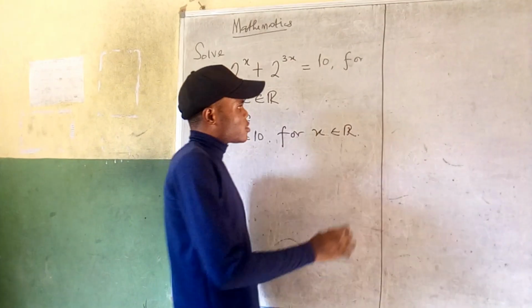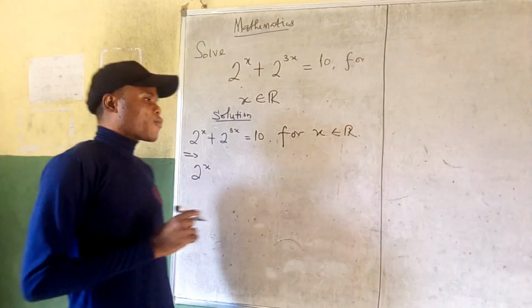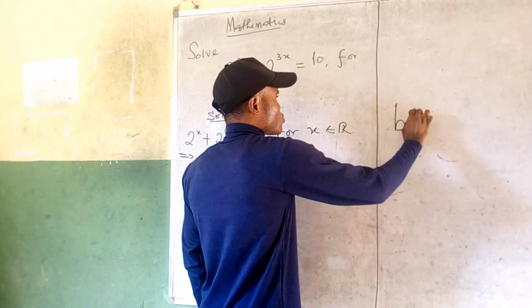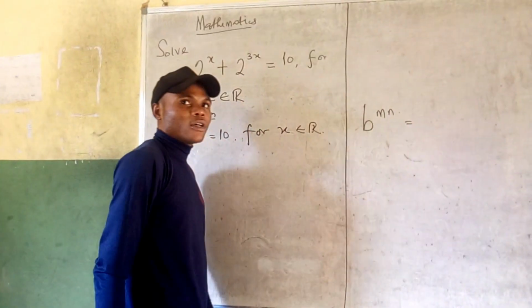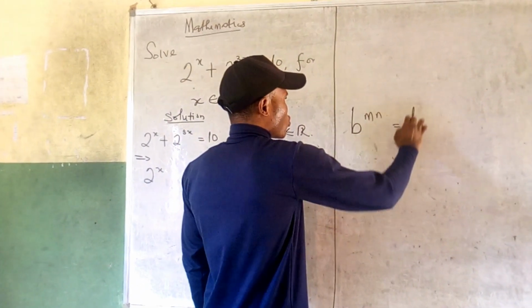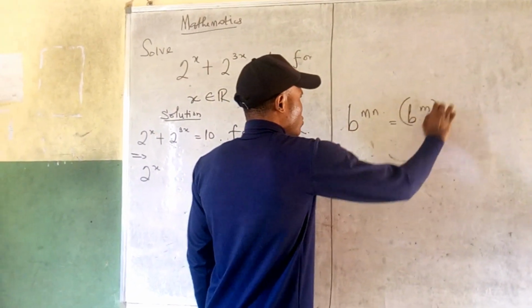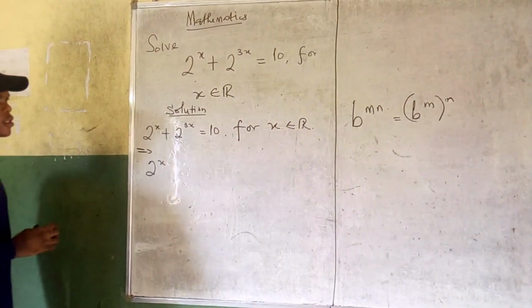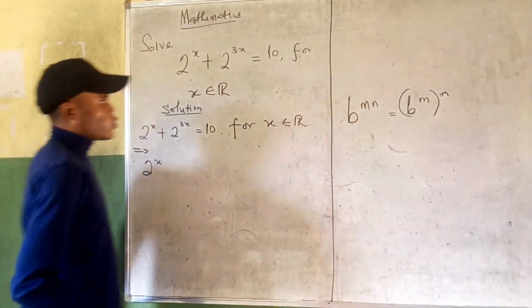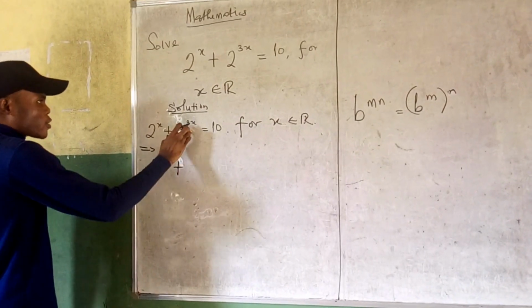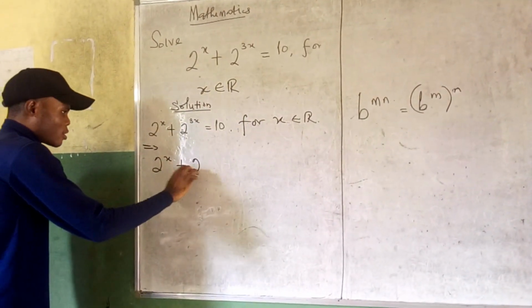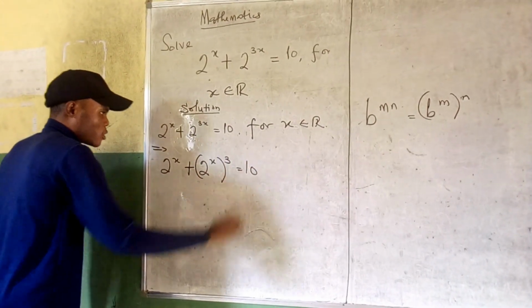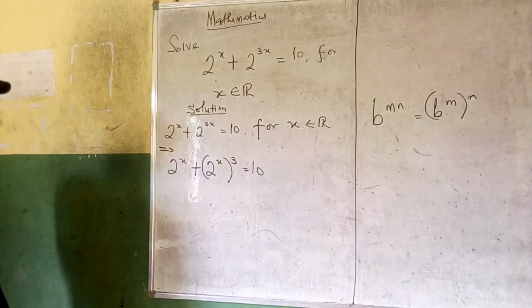You need to recall that from the law of indices, if we have b to the power of mn, this is equal to b to the power of m, to the power of n. So you will agree with me that, based on this law, this 2 raised to power 3x can be written as 2 raised to power x, then to the power of 3, equals 10.